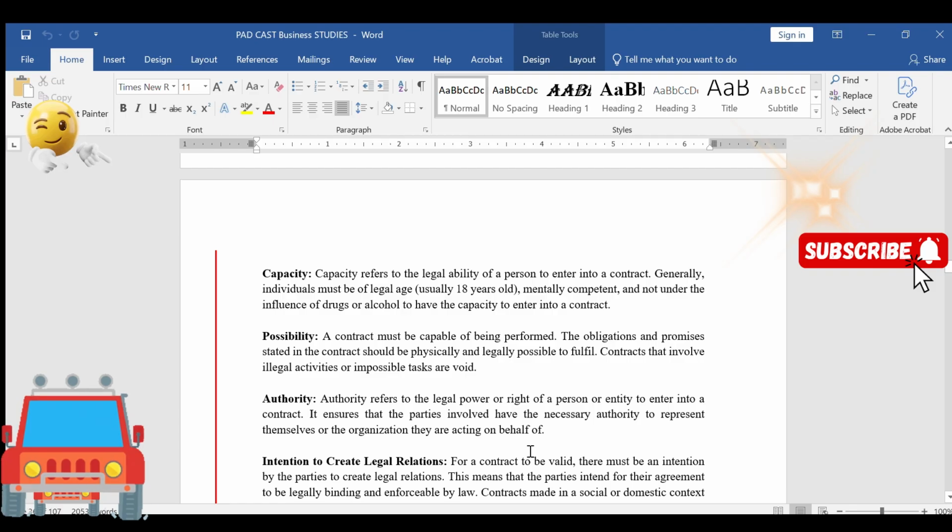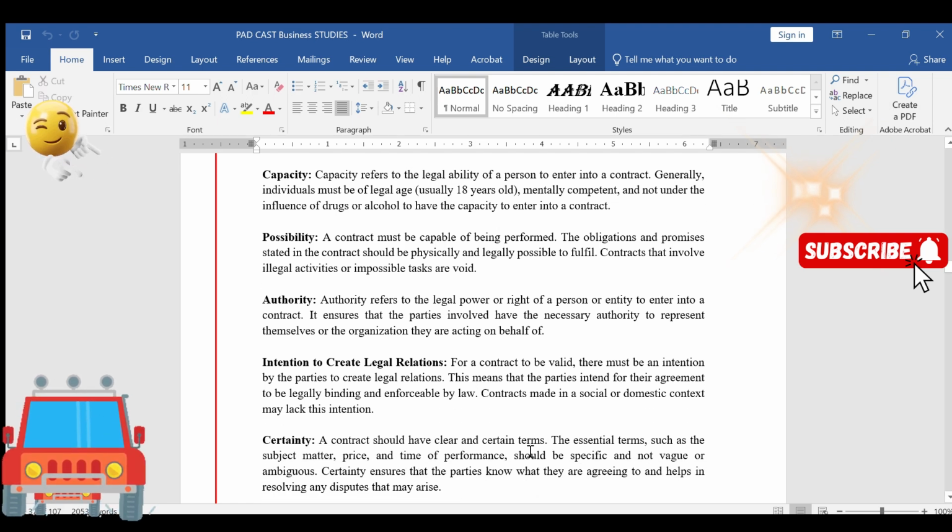Capacity refers to the legal ability of a person to enter into a contract. Generally, individuals must be of legal age, usually 18 years old, mentally competent, and not under the influence of drugs or alcohol to have the capacity to enter into a contract.